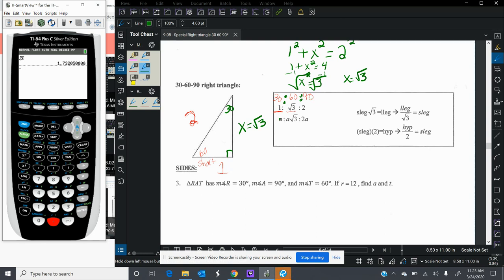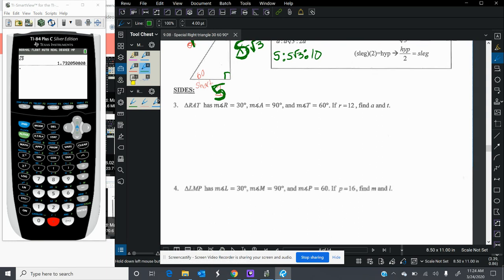So across from your 30-degree angle is some measure A. Let's say that was 5. I just tell you I had a triangle and made this side 5. Therefore, across from your 60-degree angle is going to become 5 square roots of 3, and across from your 90-degree angle will be twice that, 10. So we could multiply these triangles bigger as we go.